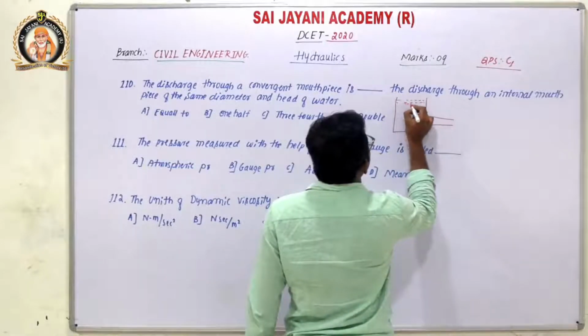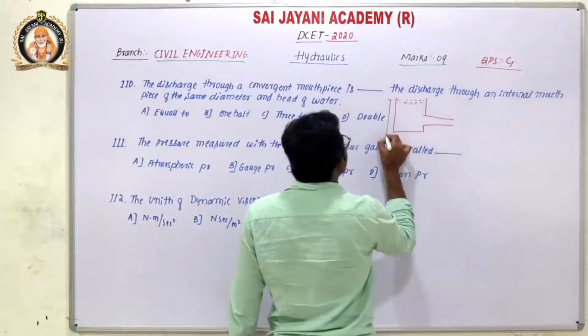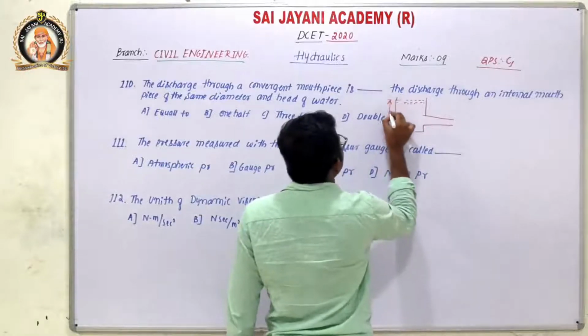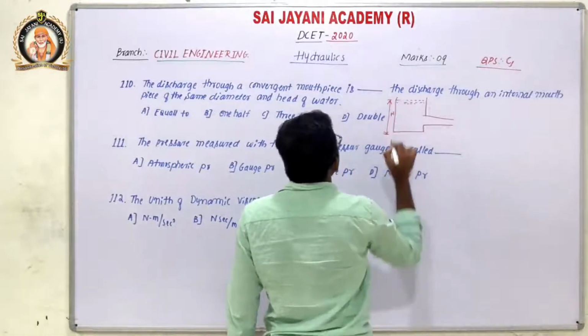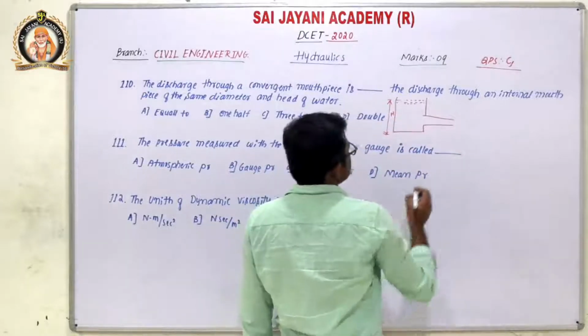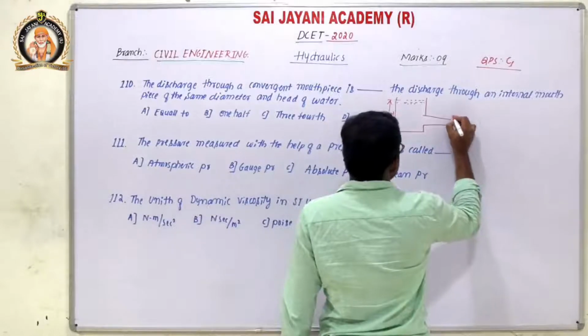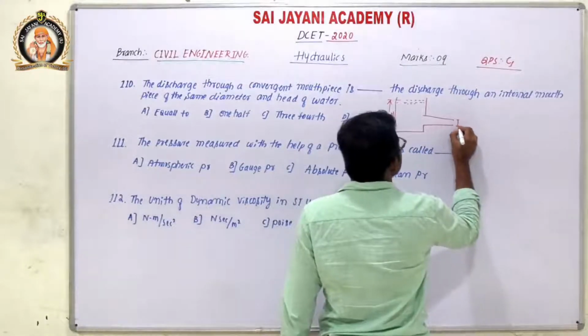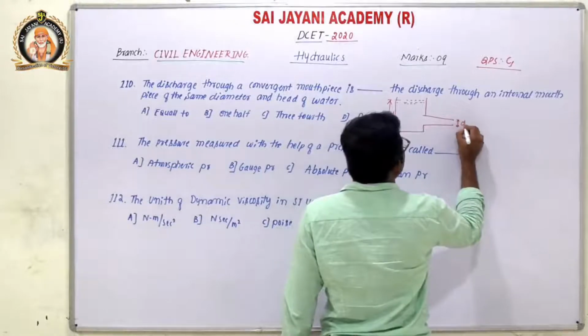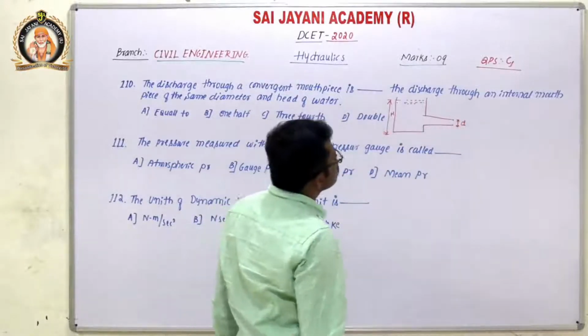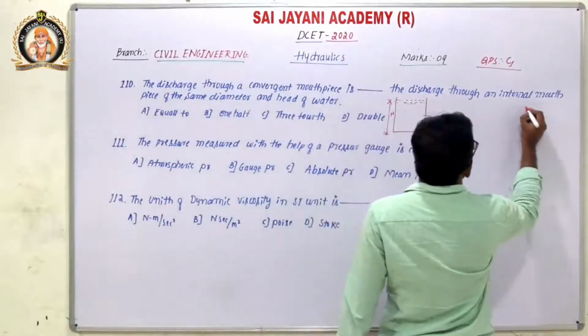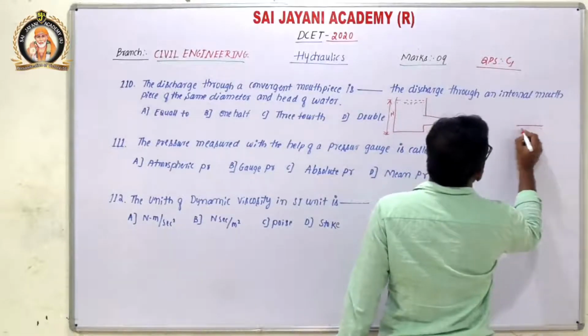It is connected to a head H and diameter D. Then we have to draw the internal mouthpiece.